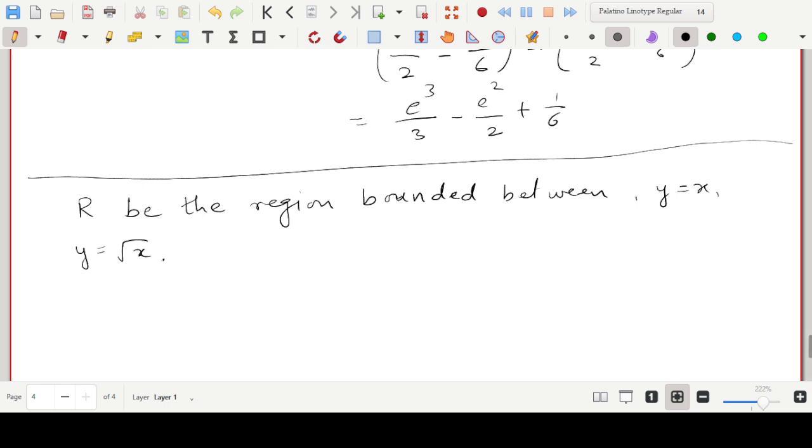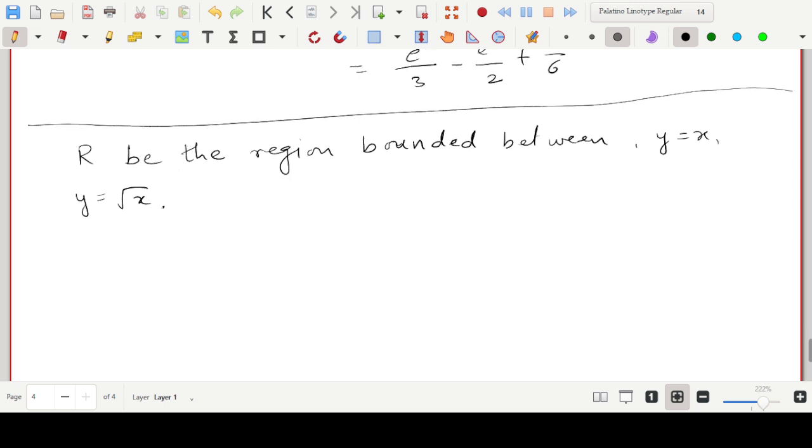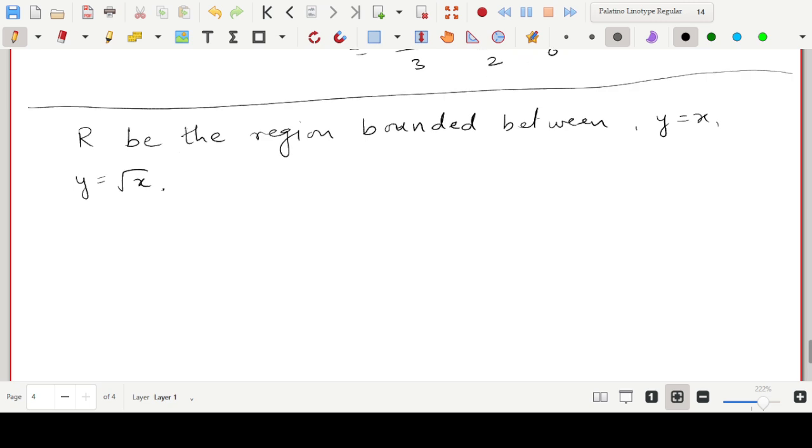Here there are no limits given for x, but we are given these two conditions. They may be sufficient, and we may have to draw a diagram to see whether that is sufficient or not.